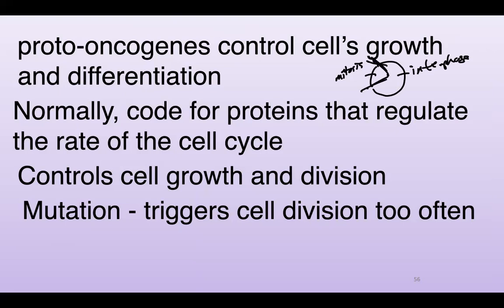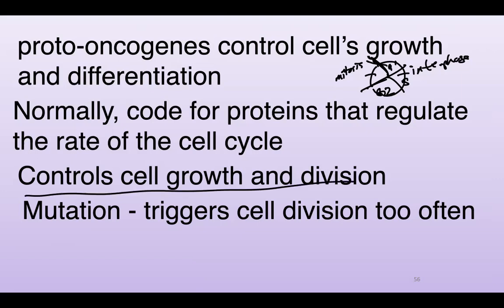I didn't draw that very well, but in interphase you have G1, S, and G2, and then you go into mitosis and cytokinesis. So basically the rate of that cycle is how often cells divide. Ultimately they control the cell's growth and division.